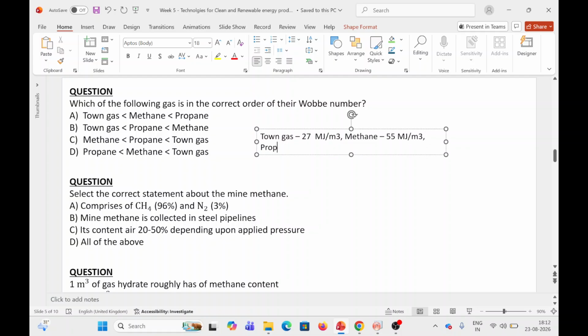And for propane, it is 78 megajoules per meter cube. So with these values, I think you would be able to come up with the exact order for the calorific value. It should be propane first. Propane is greater than methane, greater than town gas. So option A.